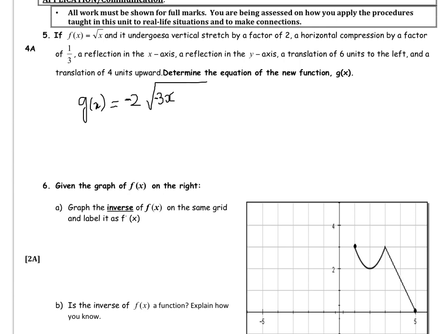Then a translation of 6 units to the left, so this means that your x is going to be +6 here because it goes to the left, and a translation of 4 units upward, so it's going to be +4. So this is going to be our equation: -2 square root of (-3 times (x + 6)) plus 4.